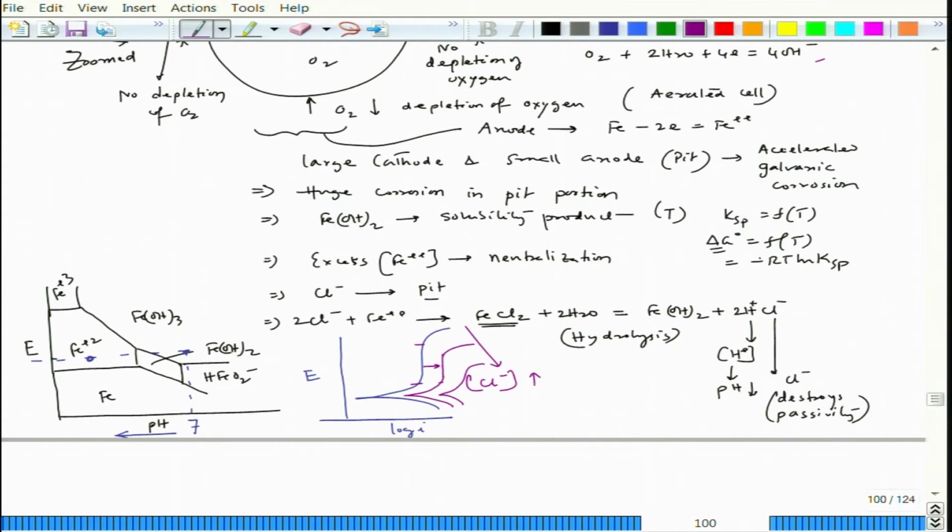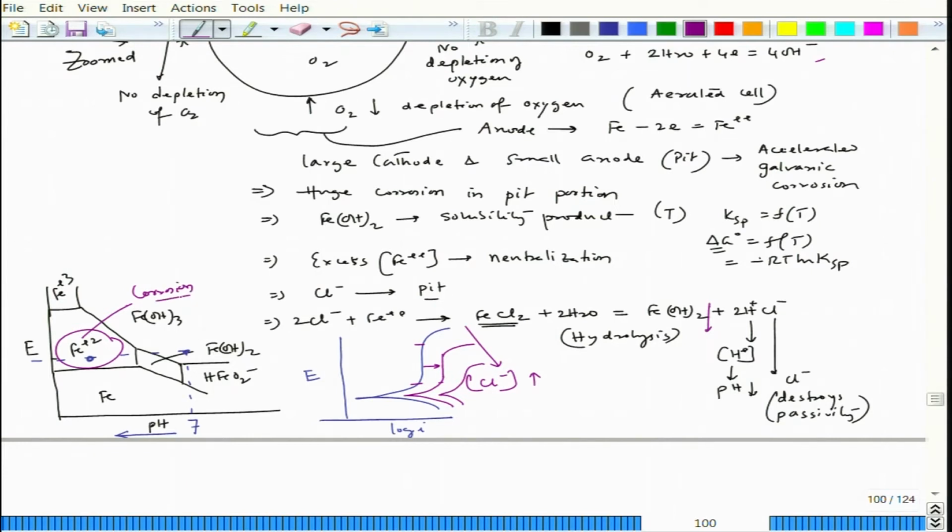That chloride ion leads to iron chloride formation, hydrolysis, and then acid formation, and the hydroxide settles down. So, we do not have a passivating situation, we have a corrosion situation, because this is the corrosion section in the Pourbaix diagram.